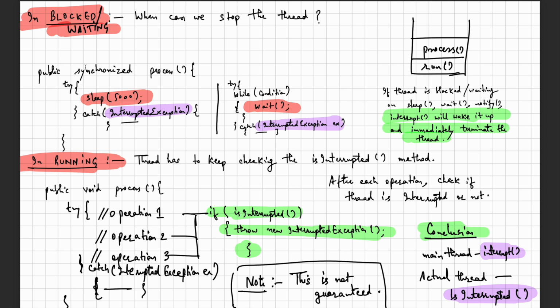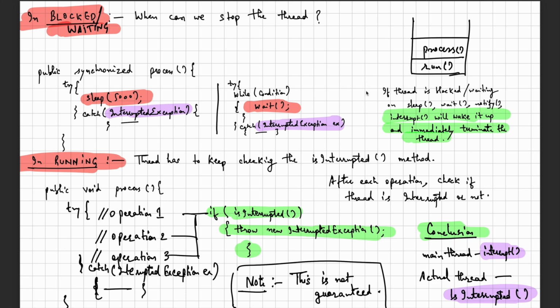If you see here, public synchronized is there, a synchronized keyword being placed with which we are calling the wait, notify or sleep method. With this synchronized method, let's assume another thread also comes. If one thread is already running this process method, the other thread won't get a chance to run this method. The other thread would go into the blocked state.